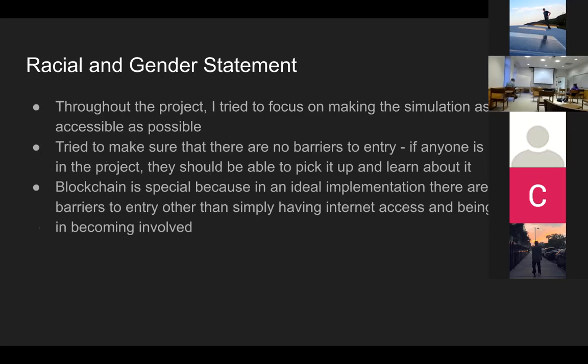And I don't want anything else to be a barrier to entry other than just interest. And like I mentioned earlier in the previous presentations, blockchain is pretty special because in an ideal implementation, in an ideal world, there's no barriers to entries other than simply internet access, which increasingly more people have nowadays, and being interested in becoming involved. So yeah, that's it.